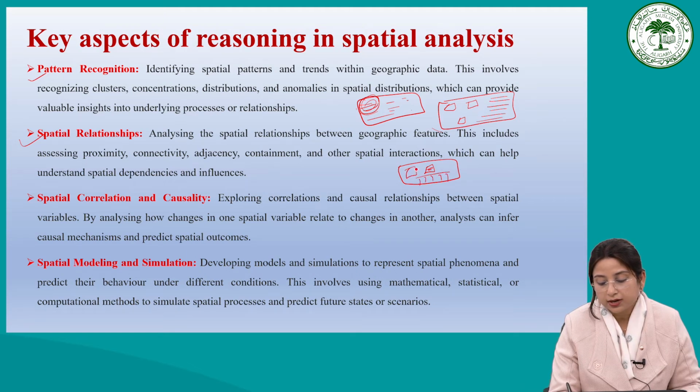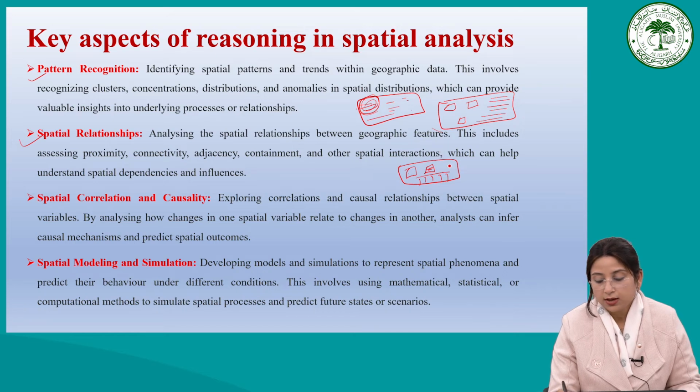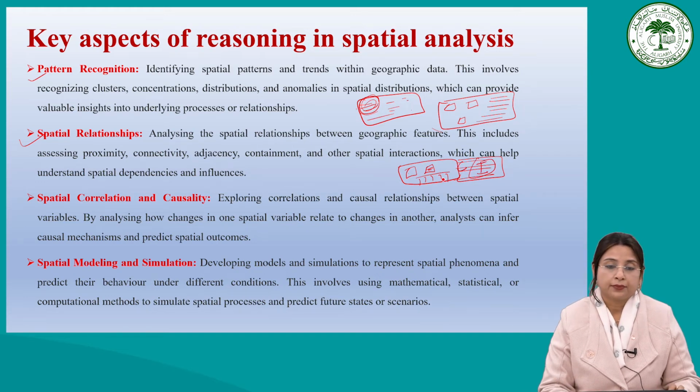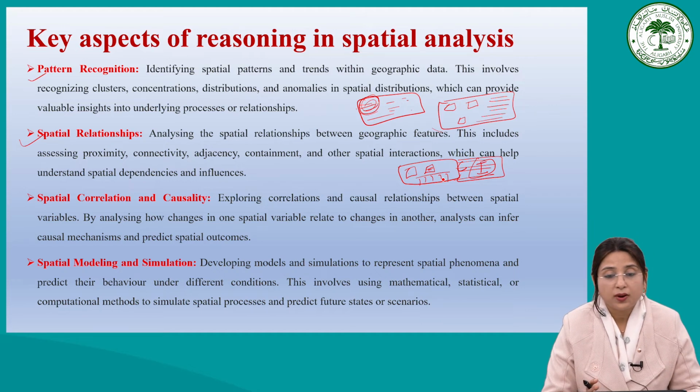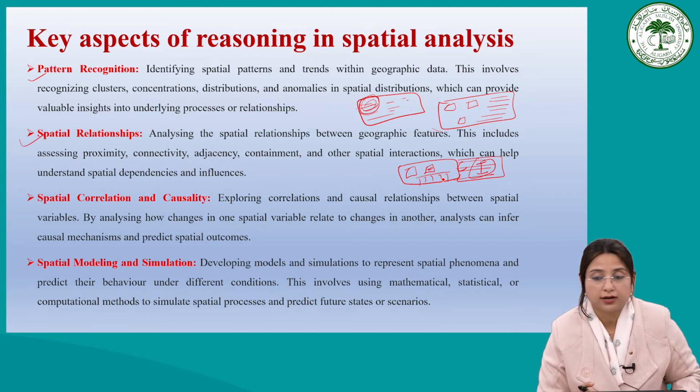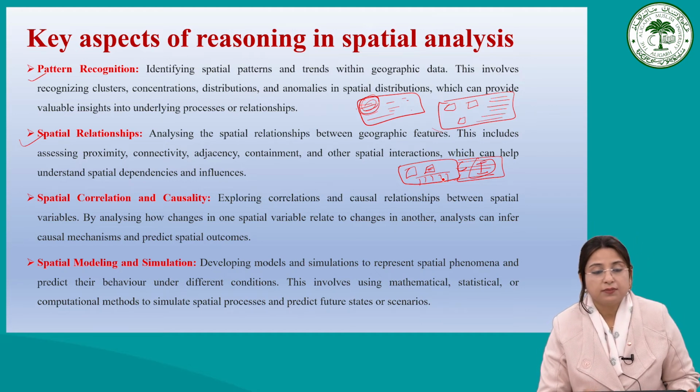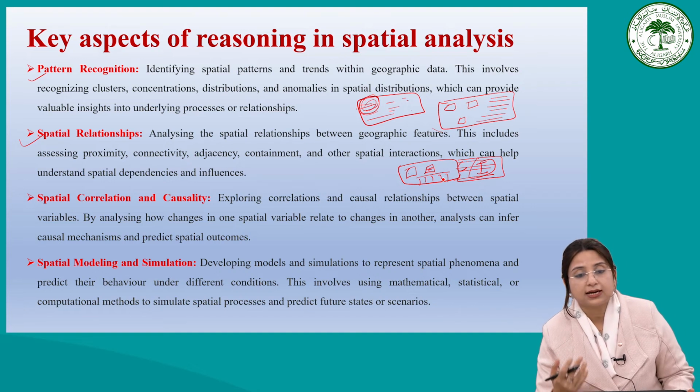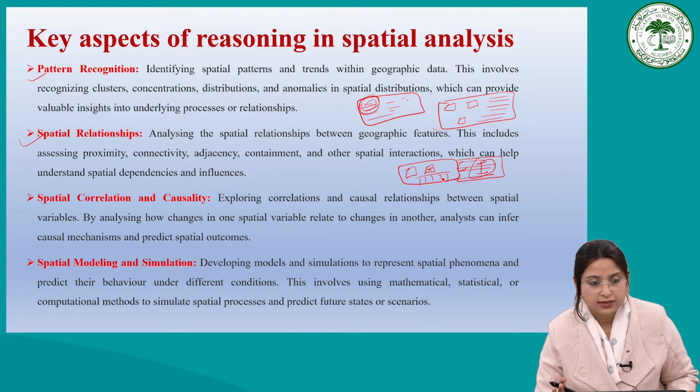So the park is located here because of this reason. Why is there no park in this particular region? Because this is mostly an industrial area, and this is mostly a commercial area. So it analyzes the various relationships between geographical entities, that may be in terms of proximity, connectivity, adjacency, interactions, etc.